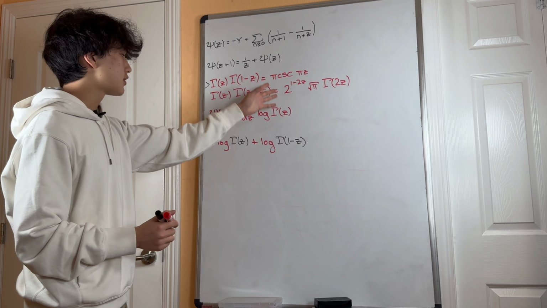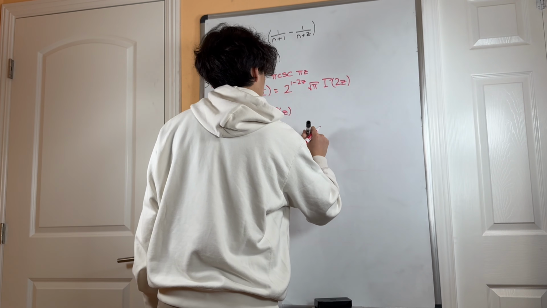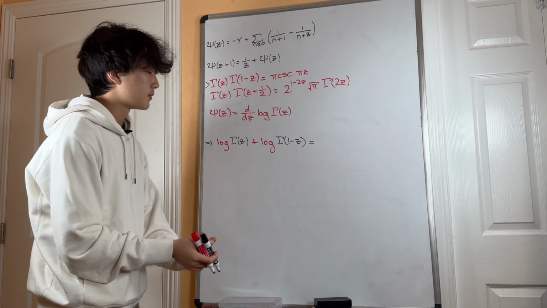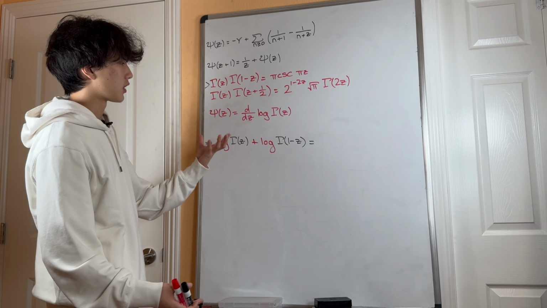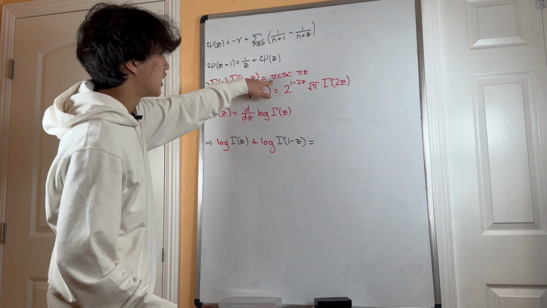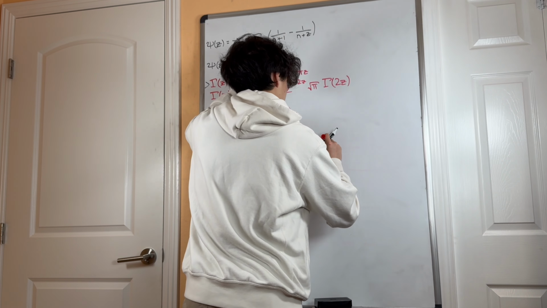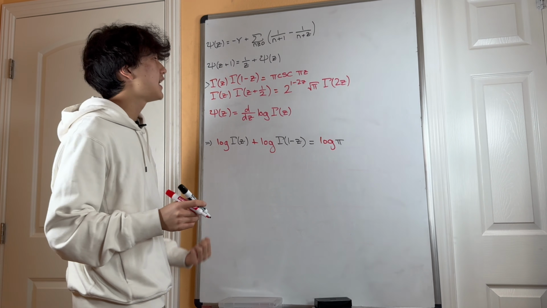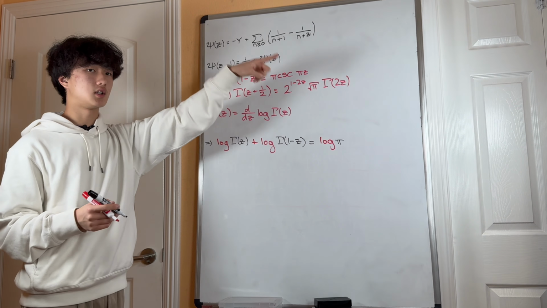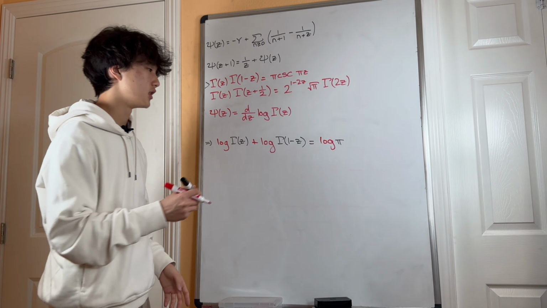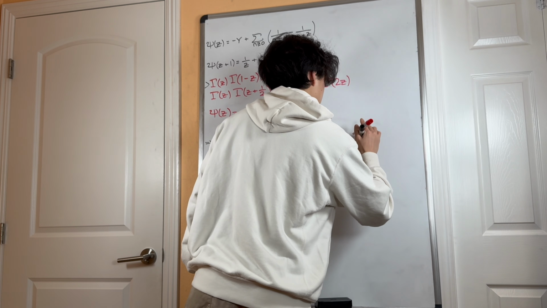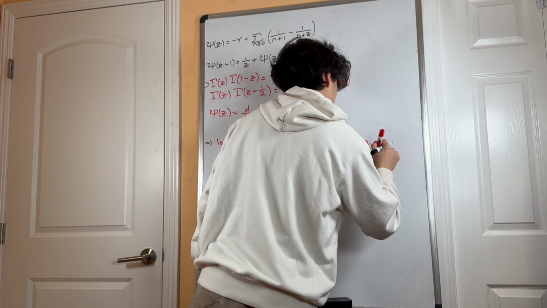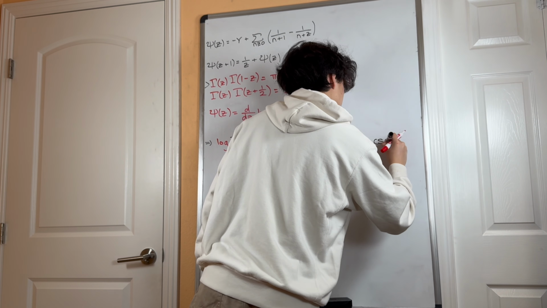On the other side, we also take the logarithm, and once again, the logarithm of a product, so we break that up. First, we have the log of pi, which is just log pi. There's nothing special about that. Then you add the logarithm of the other factor, which is log cosecant of pi z.